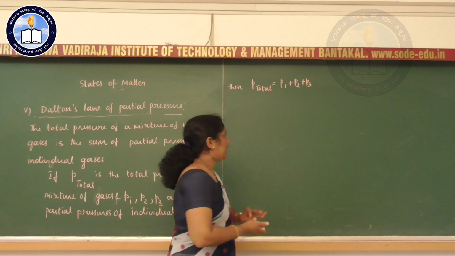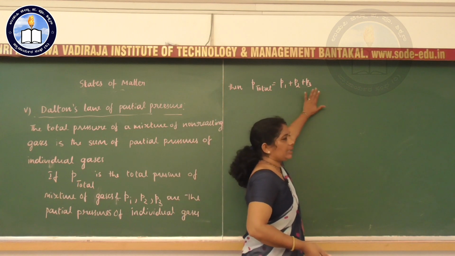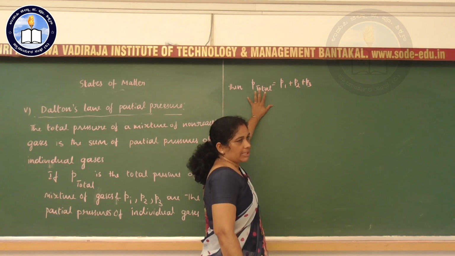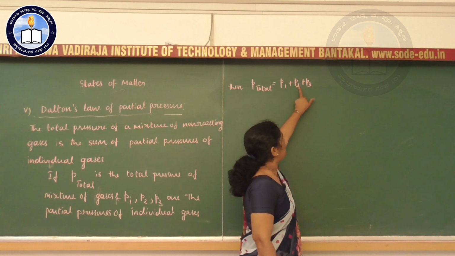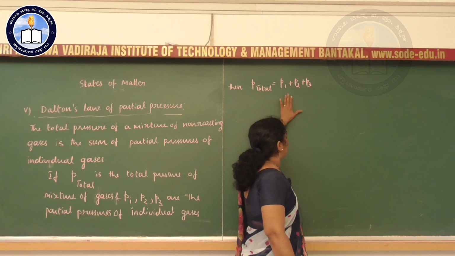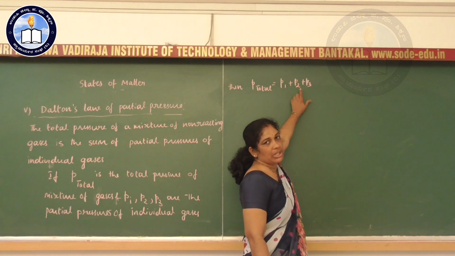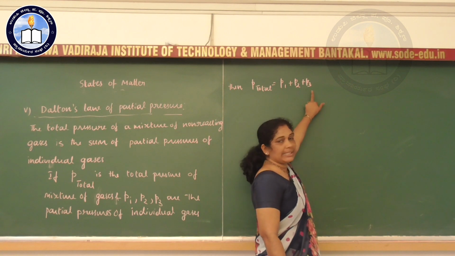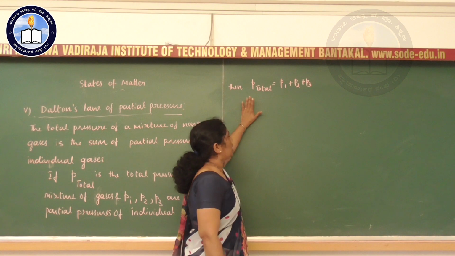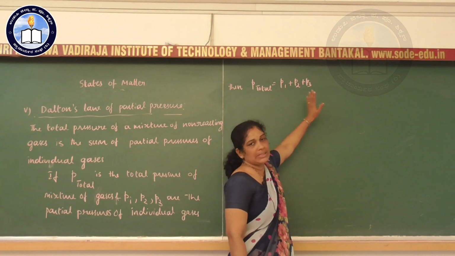That is, if we take 3 gases, 1, 2, 3, there are 3 gases. Total pressure of the mixture of gases is equal to the sum of the individual partial pressures. P1 is the partial pressure of gas 1. P2 is the partial pressure of gas 2. P3 is the partial pressure of gas 3. So P total is equal to P1 plus P2 plus P3.